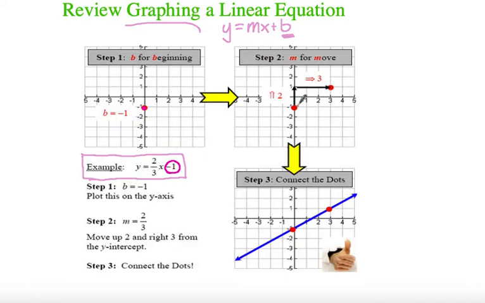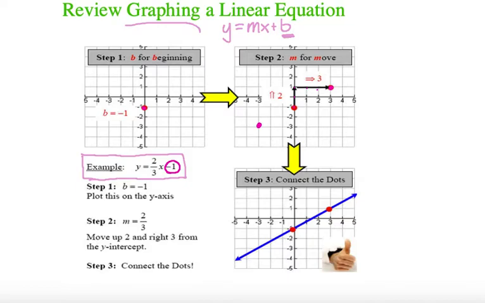Since it's positive 2/3, we can either move up 2 and over 3, or we could also move 2 negative movements, down 2 and to the left 3. Those 2 negative movements will make a positive slope for us. Then we connect those dots, and that gives us our linear equation.